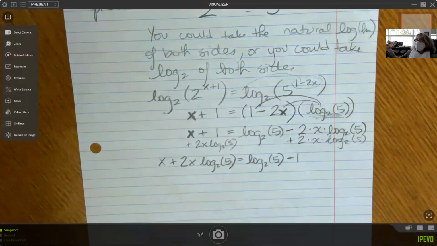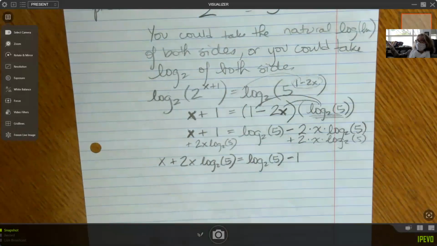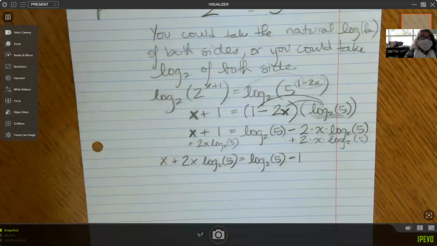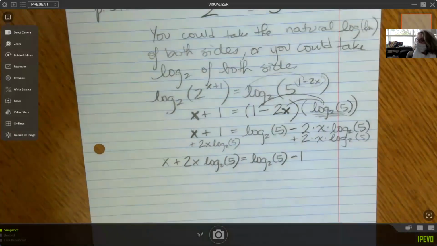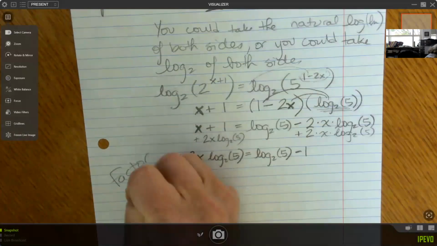Except for the fact that log base 2 of 5 is kind of a weird looking ugly number, the algebra of this should feel really straightforward. I can get the x by itself by factoring it out. If I factor it out like a GCF, it's all by itself. So, super important step here, factor out the x.